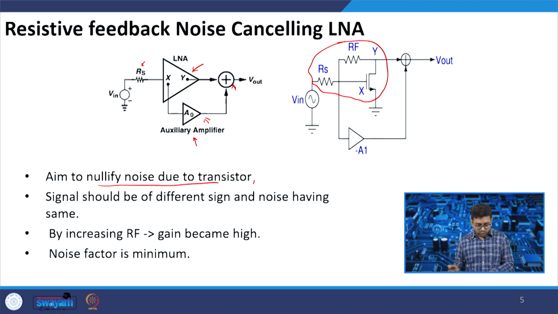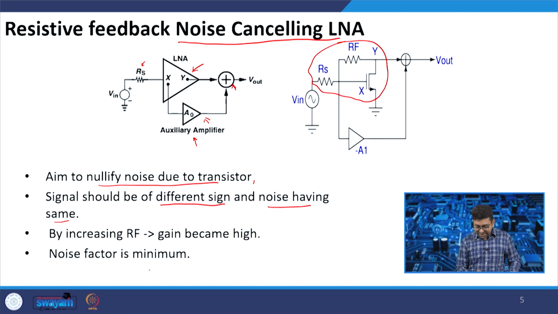So, the signal should be of different sign and the noise should have the same sign. When we take the difference, we will get the output which is noise cancelled. So, that is why it is called a noise cancelling LNA.